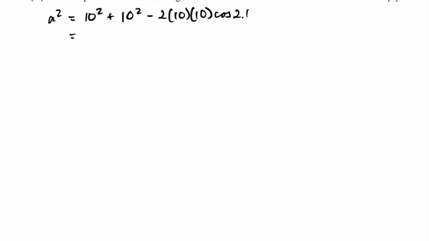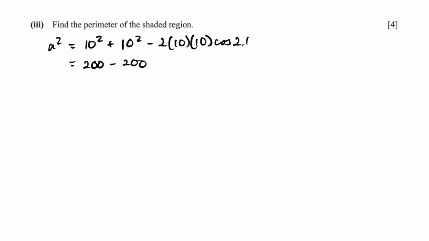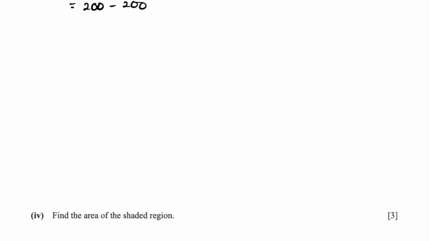That's equal to, 10 squared is 100, so 10 squared plus 10 squared is 200, minus 200 times the cosine of 2.18. I'm just going to put that into my calculator. Make sure it's in radians when using it.